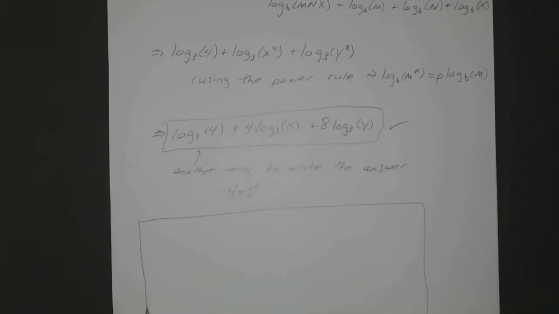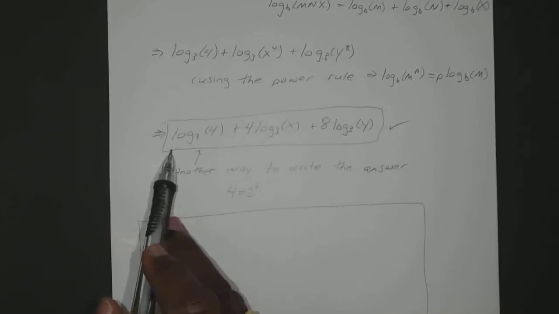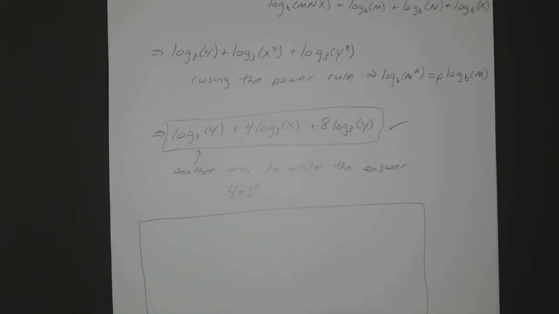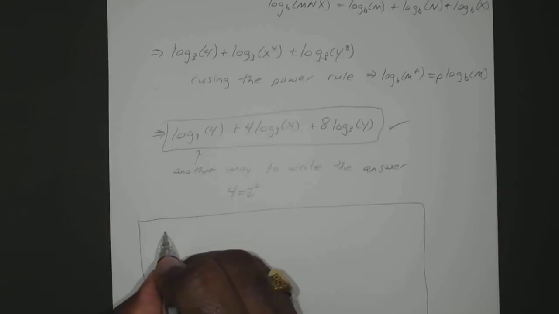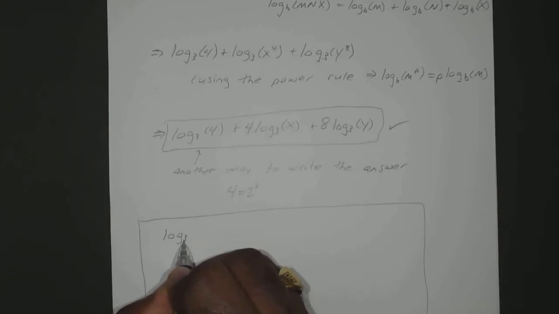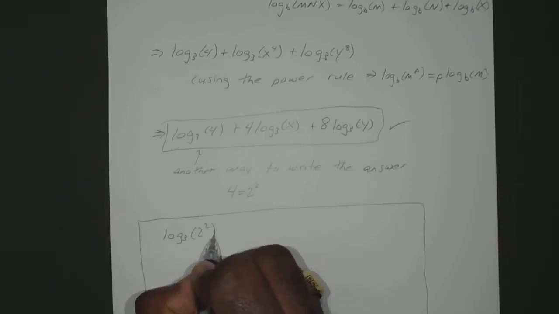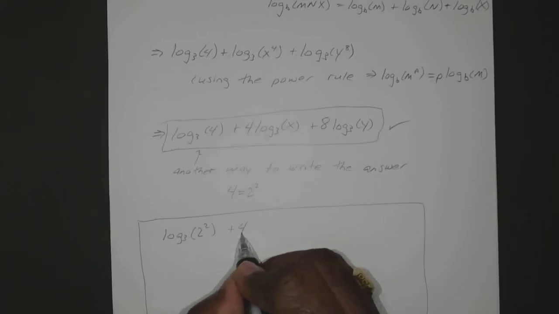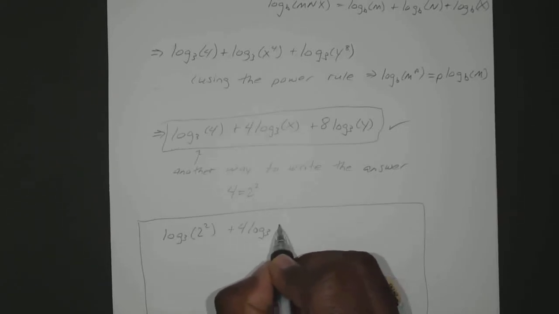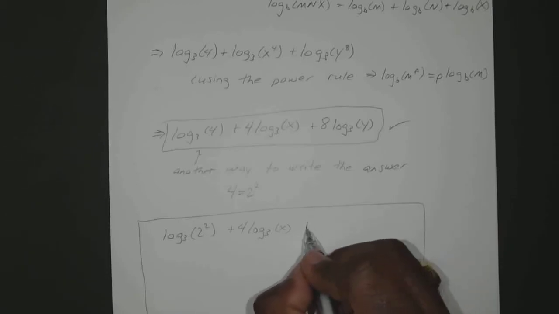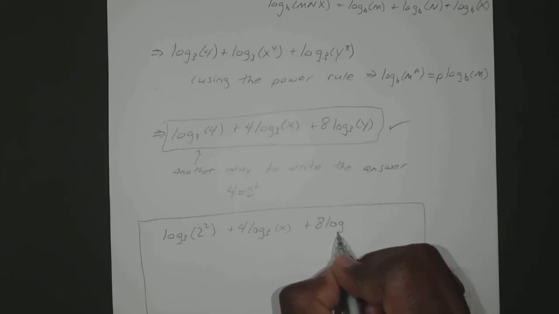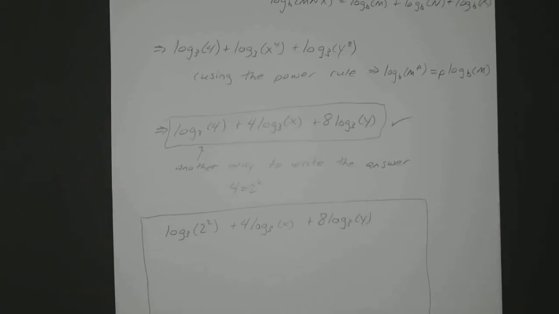So just kind of separating it. Like I said, this would be good enough. This is just if you had a multiple choice problem and they had a different way of looking at it. So that would give you log base 3 of 2 squared plus 4 log base 3 of x plus 8 log base 3 of y.